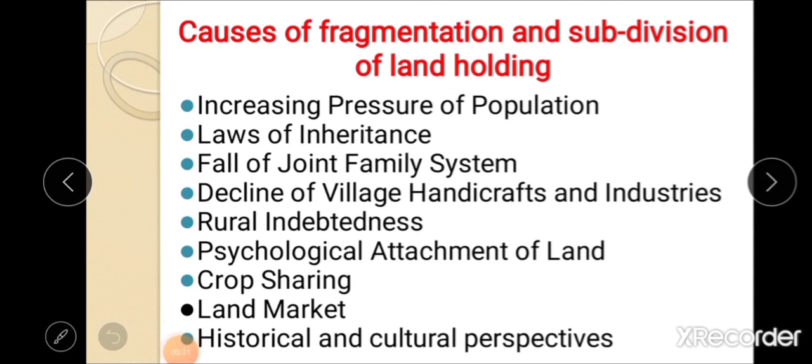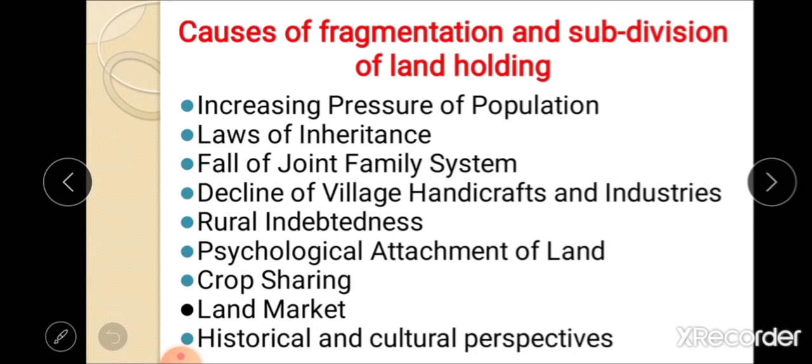After the types of land fragmentation, the next point is the causes of fragmentation and subdivision of land holding. There are many reasons or causes responsible for it. The first is increasing pressure of population. Second is the law of inheritance. Third is the fall of the joint family system.